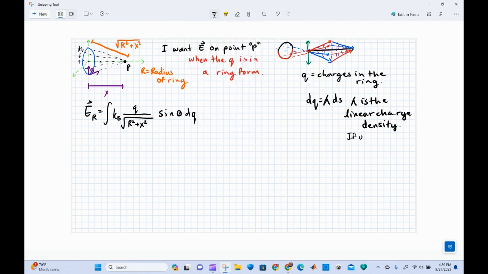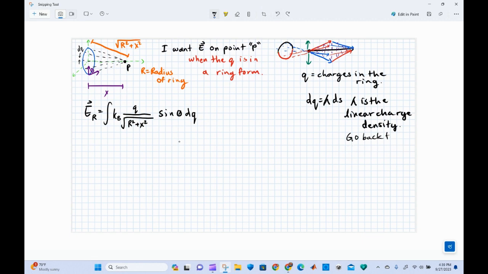Go back to moment of inertia. I don't like how it goes back.